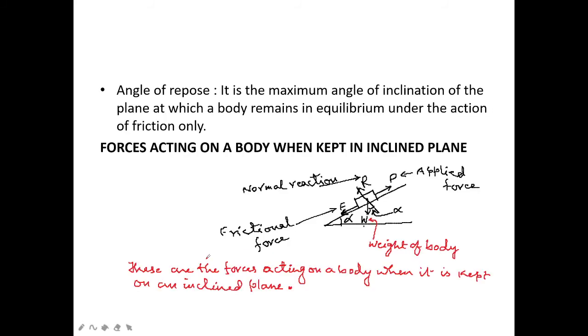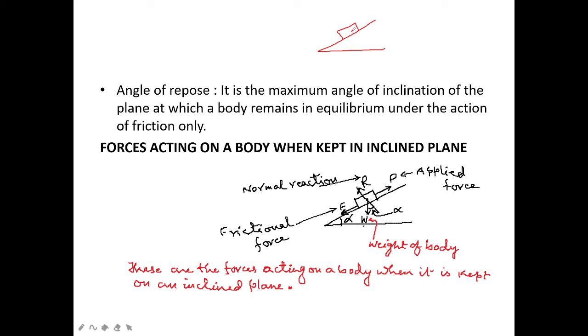Angle of repose. It is the maximum angle of inclination of the plane at which a body remains in equilibrium under the action of friction only. Suppose this is the inclined plane on which this body is kept.